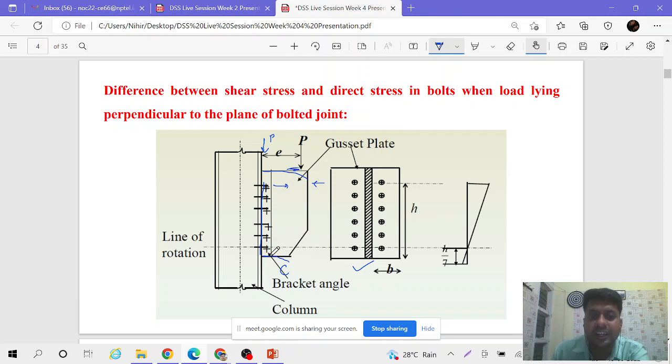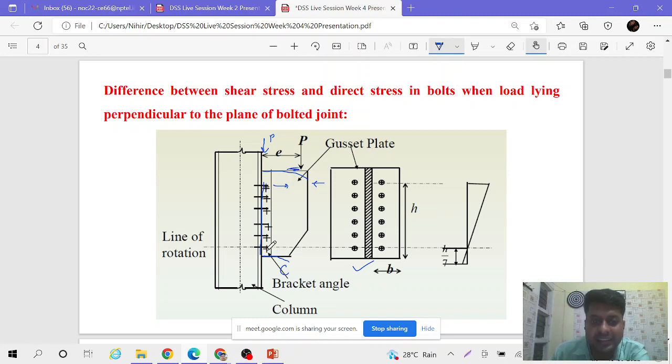If you see here, there is a bearing between this column and this bracket section. Due to this bearing, most of the compression load will be transferred directly from the bracket to the column through the bearing, but tension will be transferred from the bracket to the column section through these bolts.